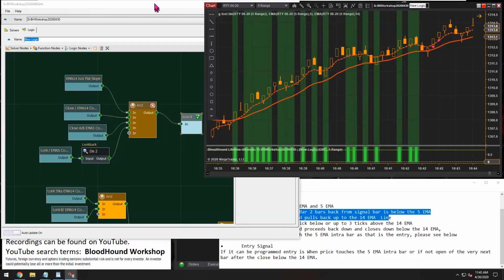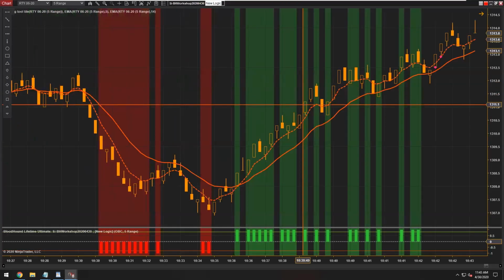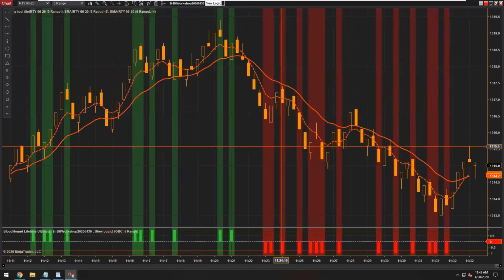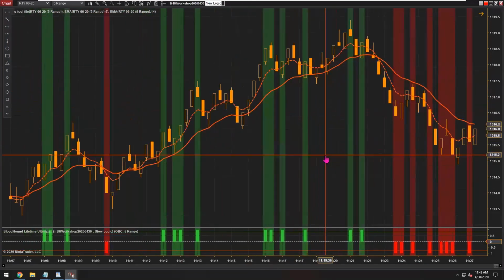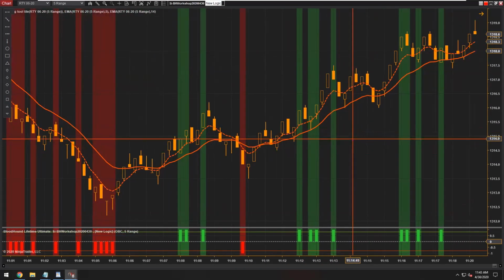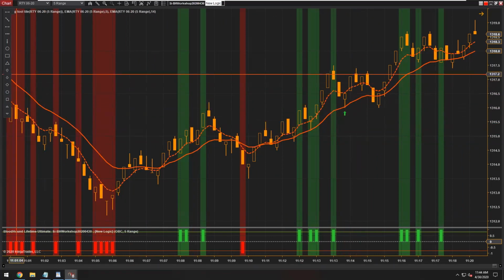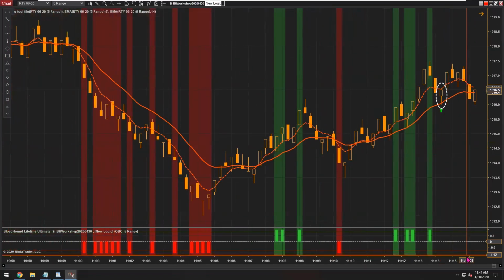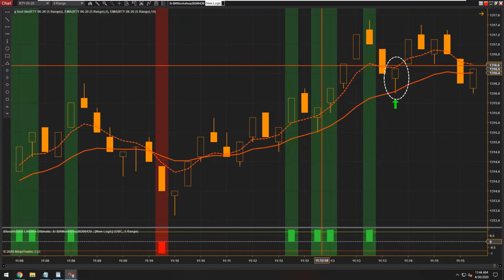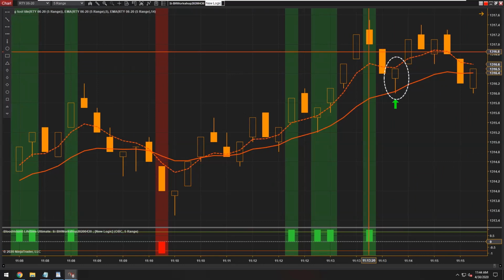So I have to scroll through this chart and let's see if I can find a signal here that will still be qualified. Oh, no. Here we go. All right, I think we actually have a winner here. I'm thinking that bar is going to qualify for us. So, remember, the output that we're seeing right now, the signals, right?